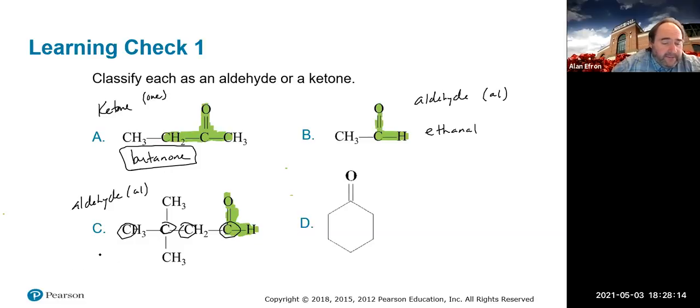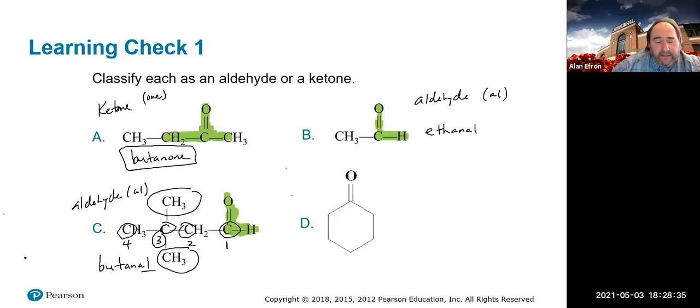So 4 carbons based off of butane, butanal. No need to give the number here, but it is carbon number 1 for numbering our other groups that are present. And that means that we have a methyl group there. We have a second methyl group there. They're both on the same carbon.